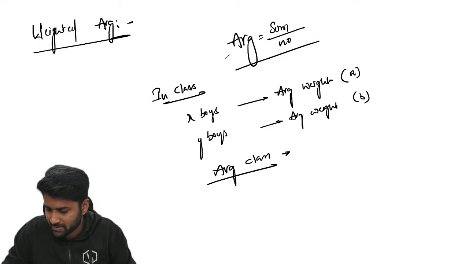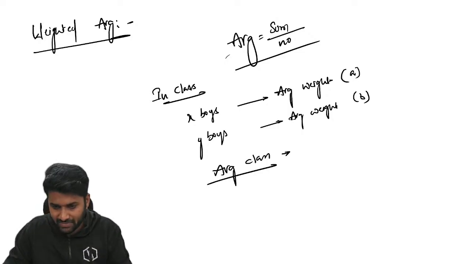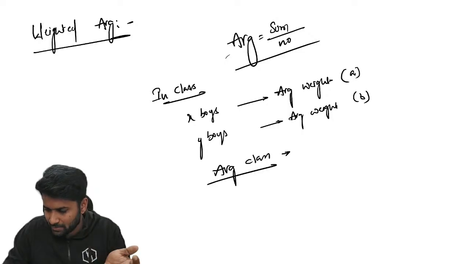We have X number of boys whose average weight is A kg, and Y number of girls whose average weight is B. Then what is the average weight of the whole class?